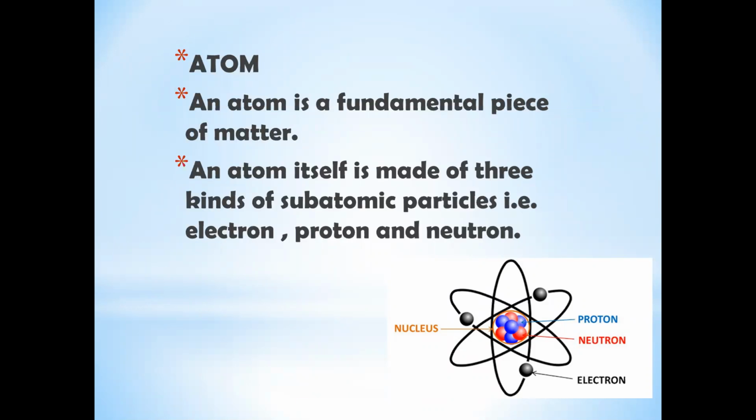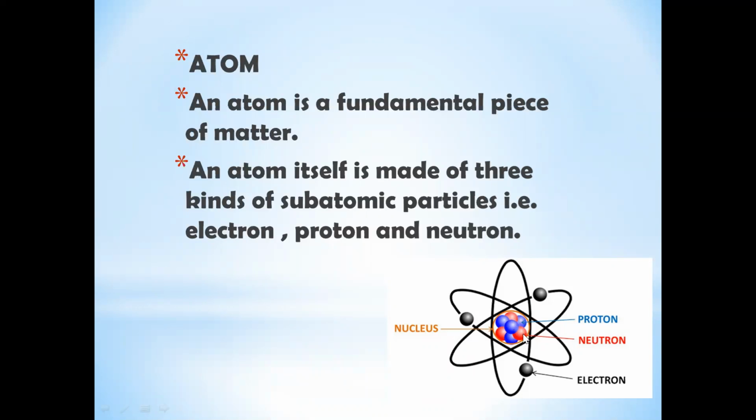I hope most of you know about it, but let's have a look at it again. That is electron, proton, and neutron. These are the subatomic particles of an atom. As you can see in this diagram, the protons are colored over here in blue, and these red balls, for your convenience, are called neutrons.